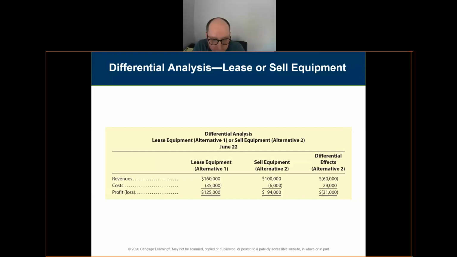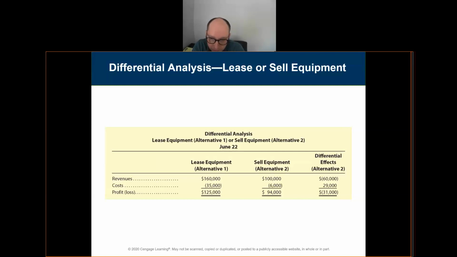Ms. Smalls, it's because you would have a greater potential profit using alternative 1, which would be to lease your current equipment to someone else. So revenue minus cost equals profit, as you know. We're using differential analysis, and the objective here is to look at the differences between two alternatives.